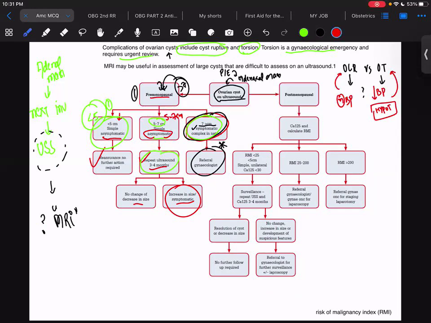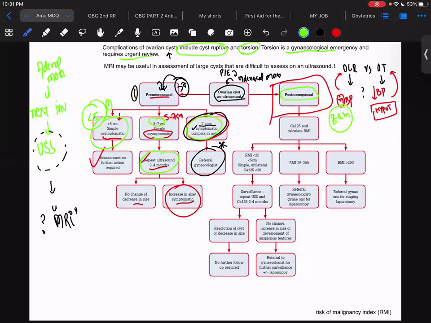But there is this trick which is always played by the AMC: they will give a case scenario of a postmenopausal woman with a left adnexal mass. You go for the ultrasonography and they tell you that it is just 3 centimeters.